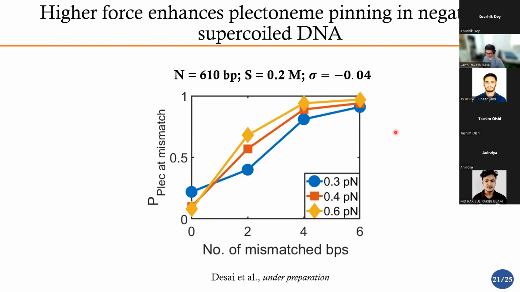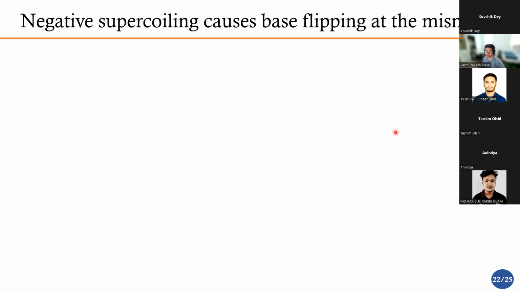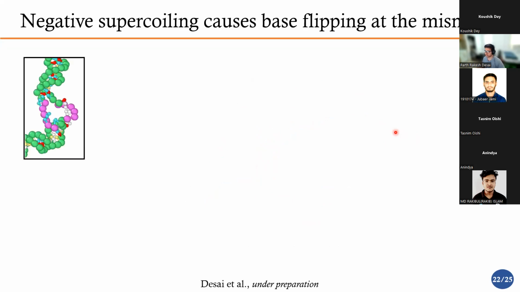Right? And then to test our theory, we can look at the amount of time the mismatches are actually intact or flipped out through our simulation data. If you have this locally melted structure, you can define what we call base flipping. In intact DNA, you have the phosphate backbone and the base group in line with each other, so both nucleotides are in line.